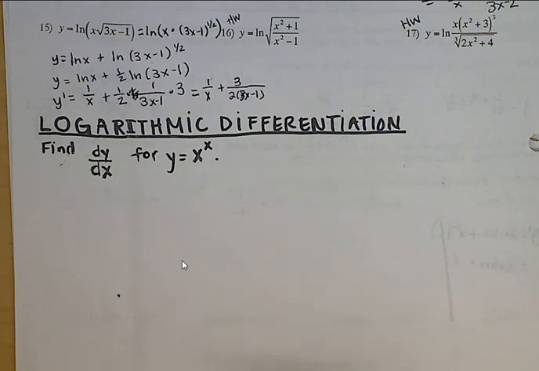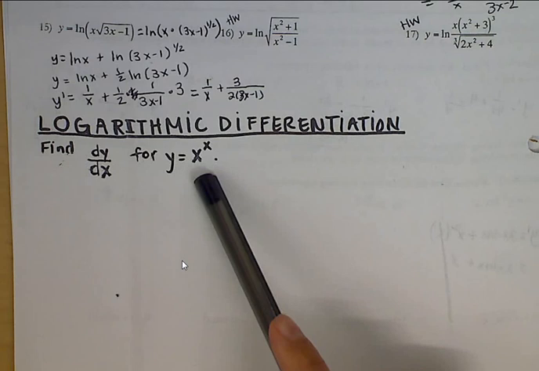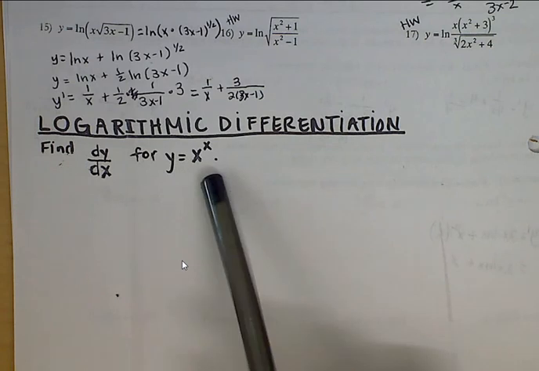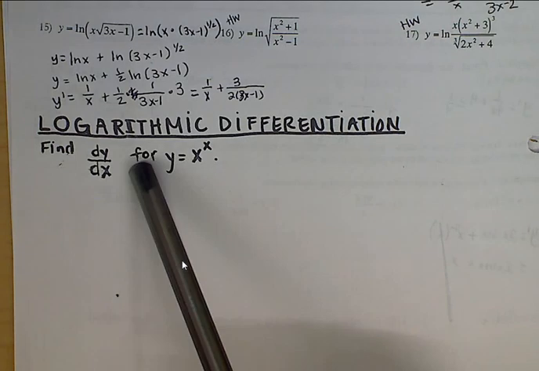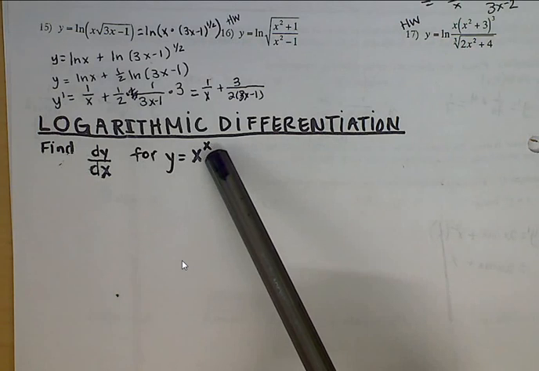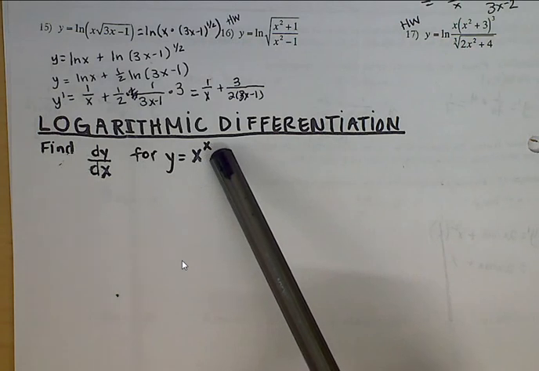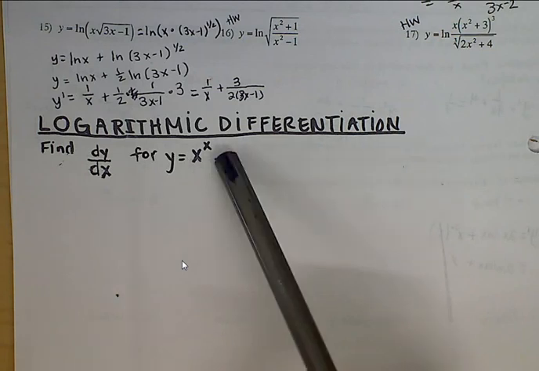Okay, so to find dy dx for this thing, it sort of looks like, oh, why can't I just use the power rule and bring that down? That only works when the exponent is a coefficient or an integer. So if I had x to the 5th, then I could do the power rule.